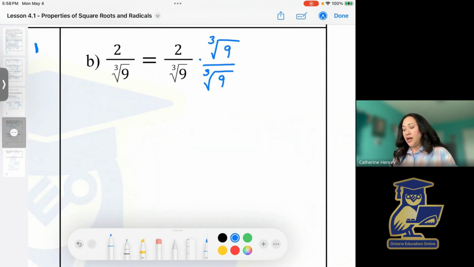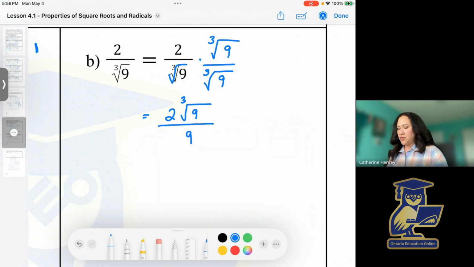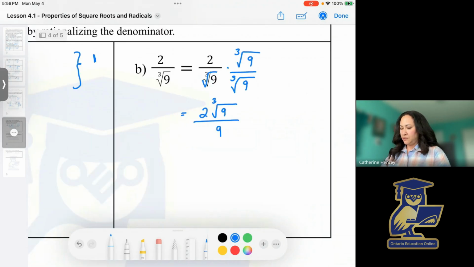Again, cube root of 9 divided by the cube root of 9 is equivalent to 1, and so it doesn't change the value of the expression. And what that does is it gets rid of these cube root signs. So I will have 2 on the numerator times the cube root of 9, all divided by 9. Can't really simplify anything more than that, so we leave it just like that.